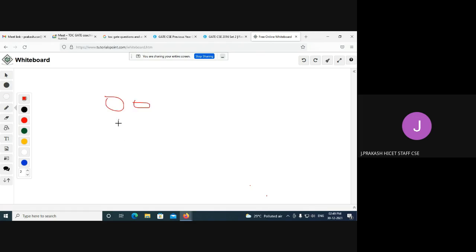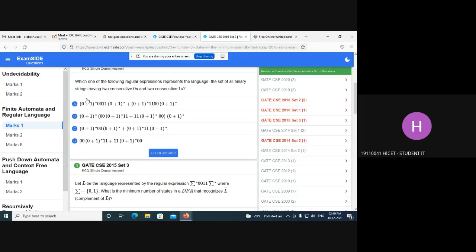Two consecutive zeros, two consecutive ones. Do you understand what that is? Yes, sir. Now see the question. Which of the following regular expressions represents the language: the set of all binary strings that have two consecutive zeros and two consecutive ones. What is the choice?